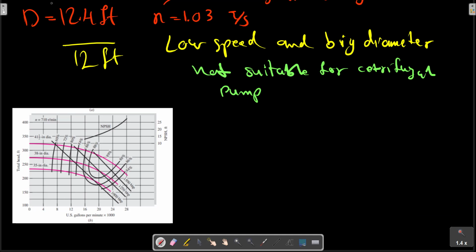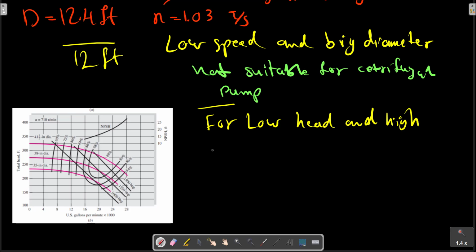Other dynamic pump designs provide low head and high discharge.